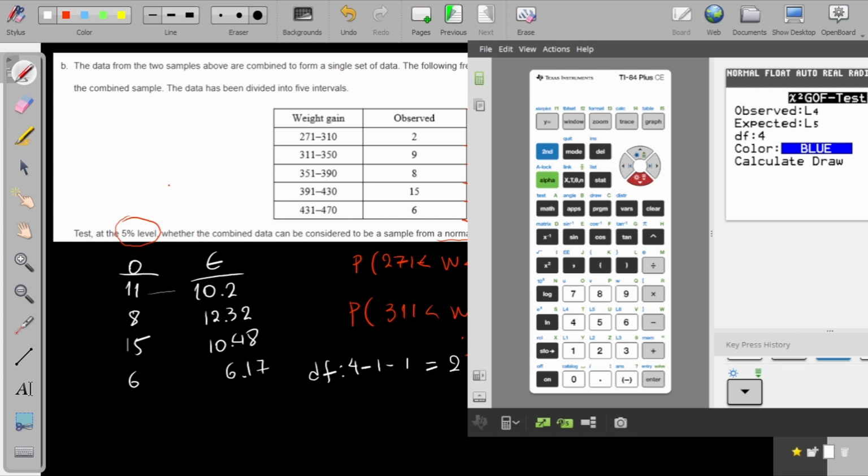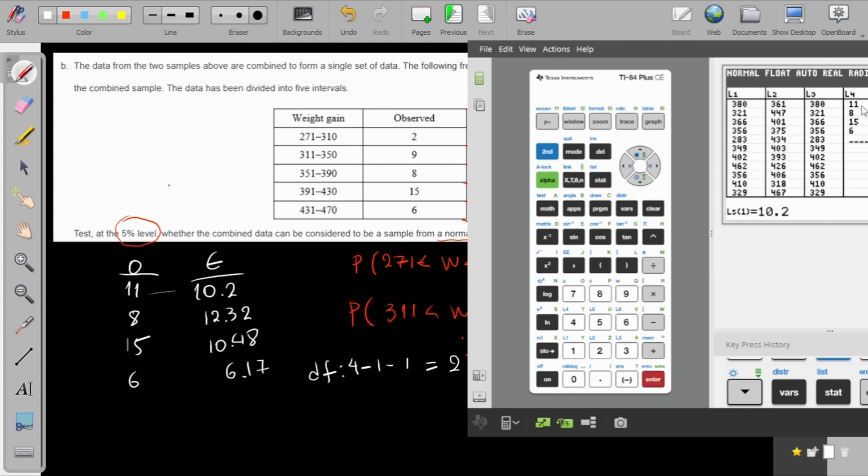So now I can import everything in my calculator. Let me bring the calculator here. First I will import my observed and expected in the lists. As you see, I already did it.